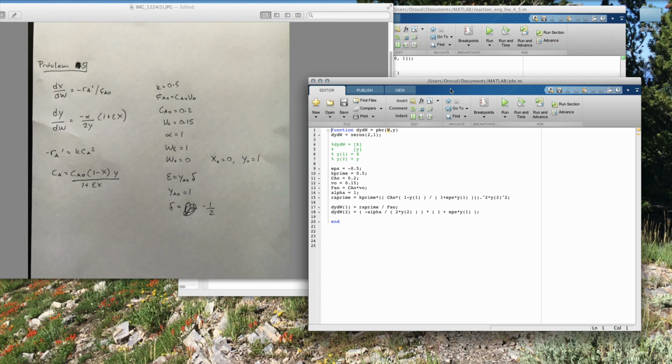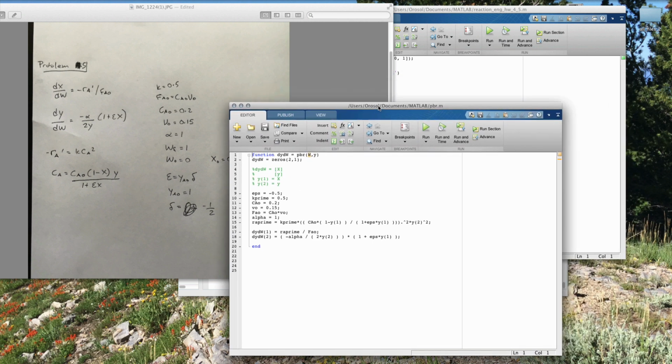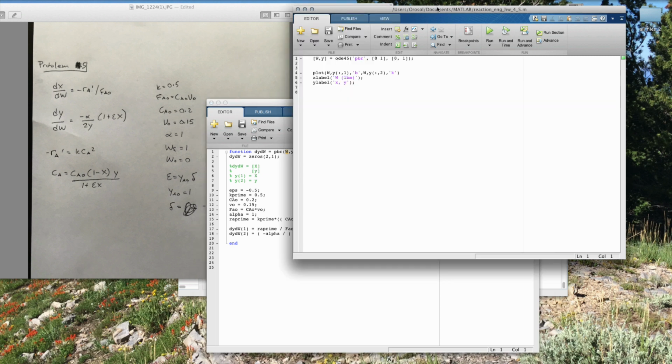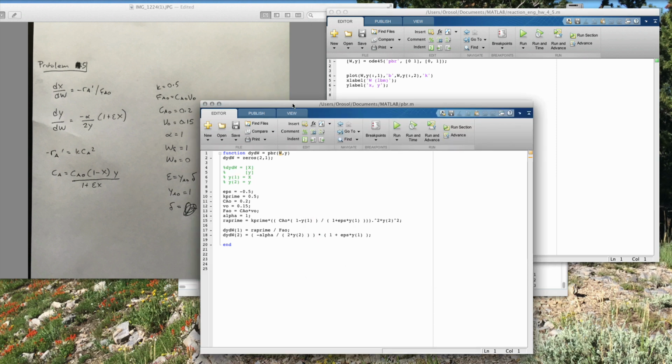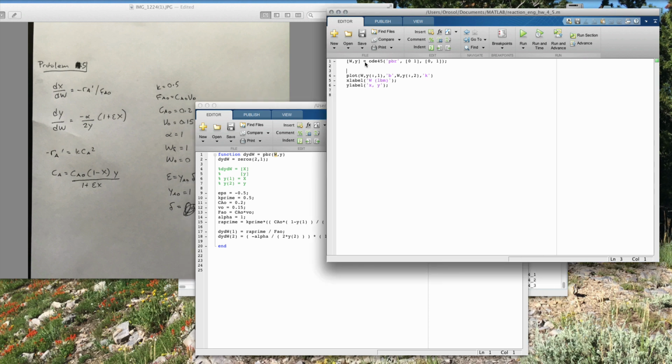So then what you need to do is write a script that uses ODE45, or you could probably use ODE23, and this is the solver that solves the differential equations. I think this is a Runge-Kutta solver.